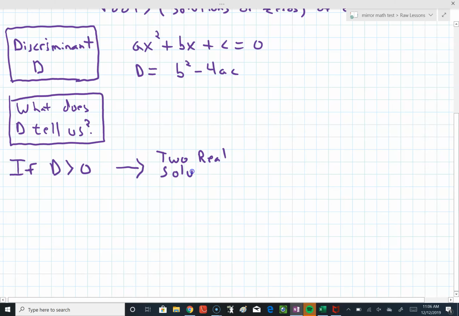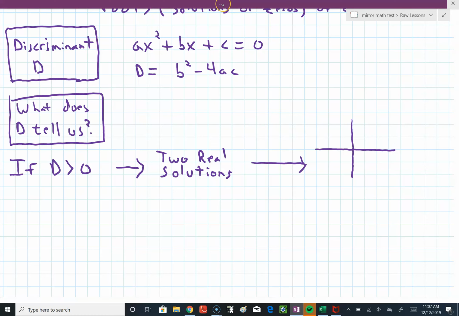Real solutions as distinguished from our complex i solutions that we've recently been talking about. And since there are two real solutions, graphically that's going to be a parabola that intersects the x-axis twice.